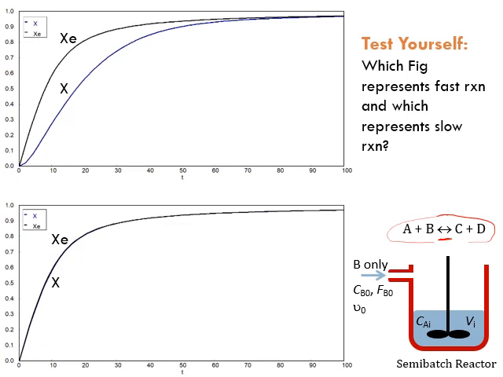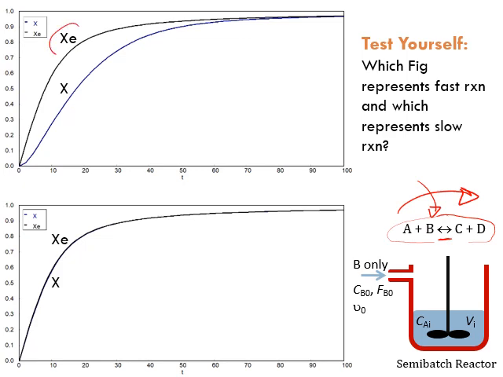So once the process starts, B is added. So as you keep adding B, more A is converted. So X starts to increase. And since I'm adding more B with time, the equilibrium will be shifted forward.